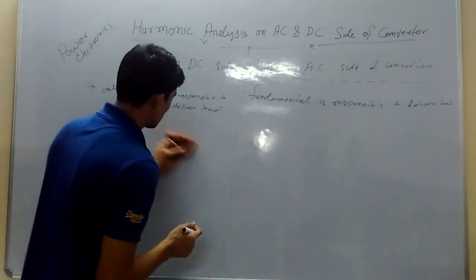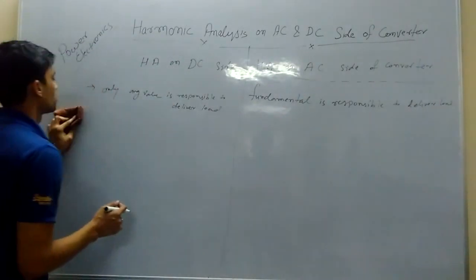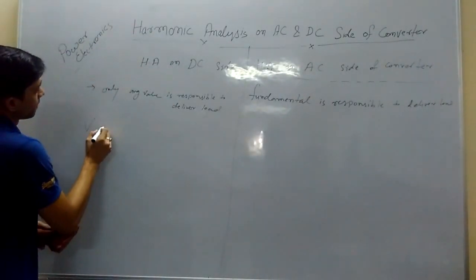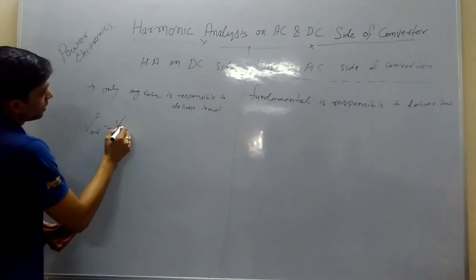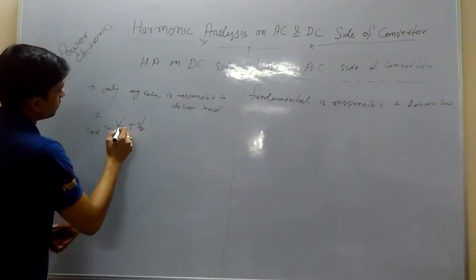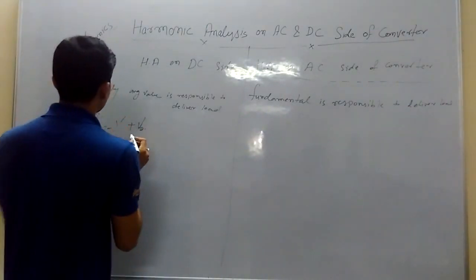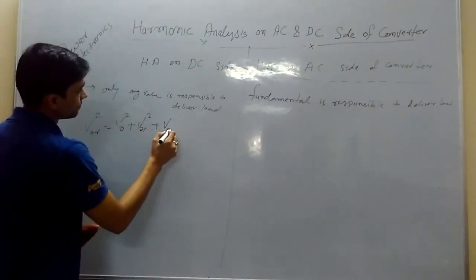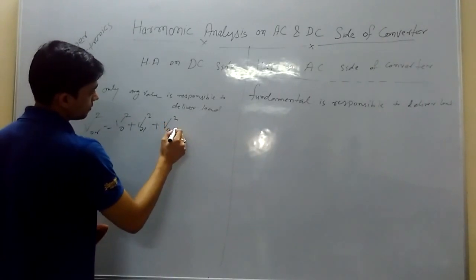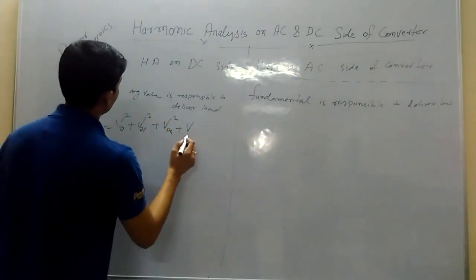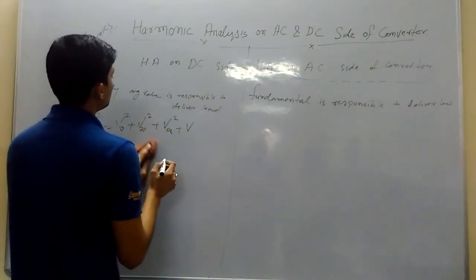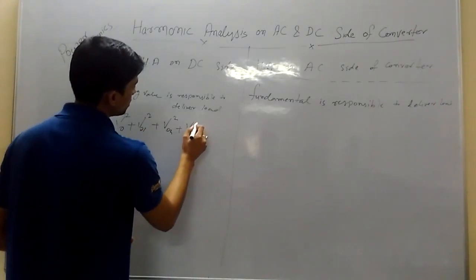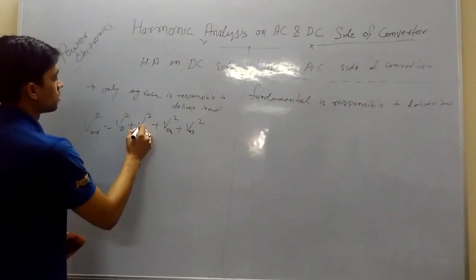For knowing the percentage of unimportant things, you need to do harmonic analysis. For example, any output waveform from the rectifier consists of the average value plus the fundamental plus the first harmonic, the second harmonic, plus the third harmonic.